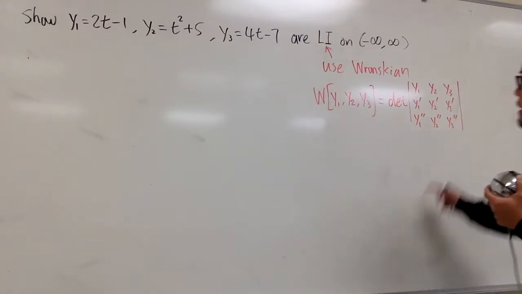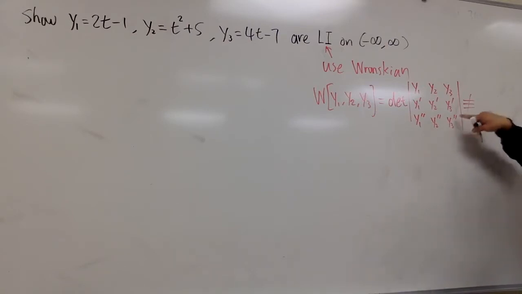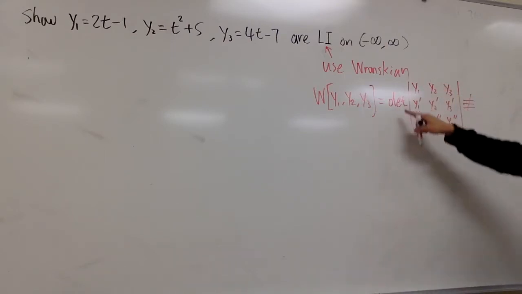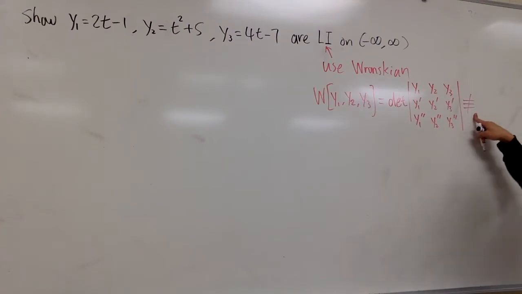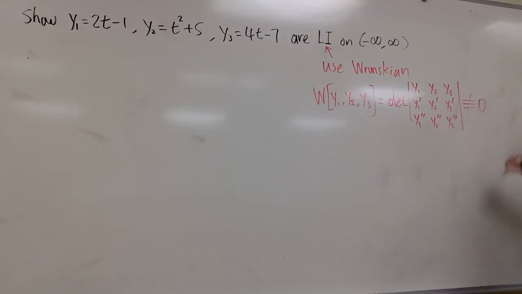At the end, if you can show that this is not identically equal to 0, that's why I put the triple line right here, you want to show this is not identically equal to 0.